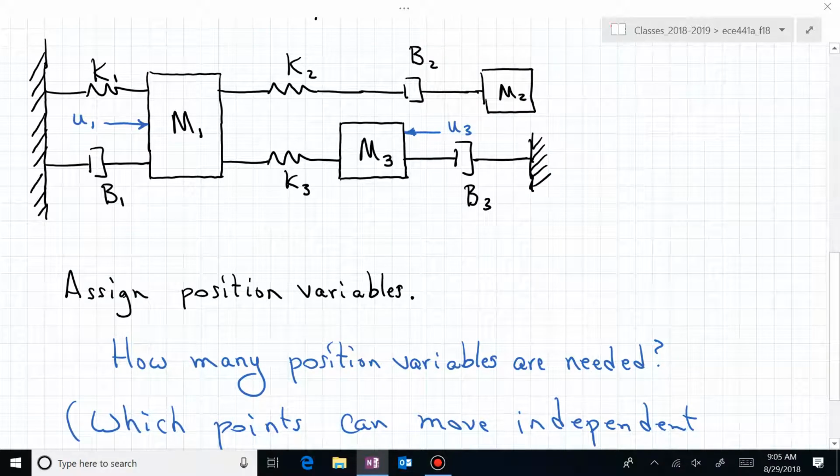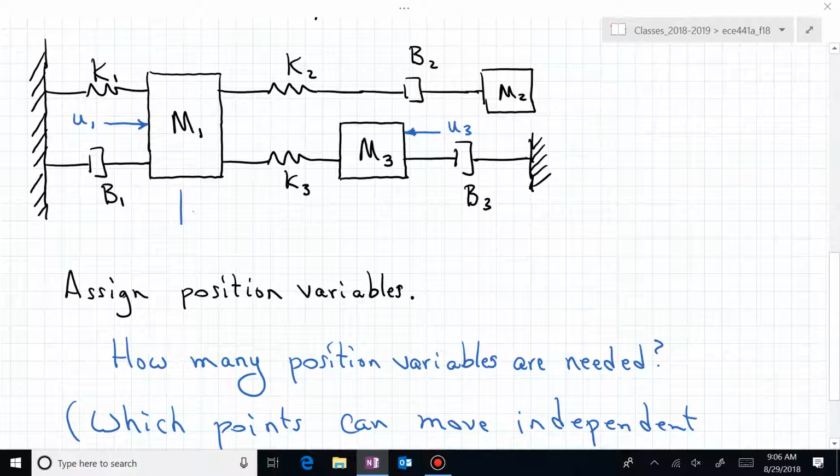What's an easy position variable to think about initially? The position of mass 1. We could draw a line in the sand or put a piece of tape on, and we're neglecting gravity in this analysis. This is in a gravityless environment, or on an ice rink, on a surface.